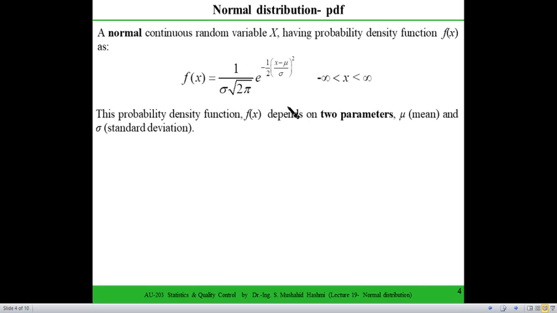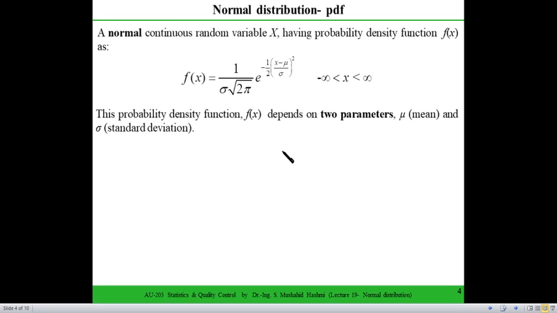If you are looking at this equation, here 2 and pi are constants, and x is a random variable where you are dealing with two parameters. Mu represents the expected value of the distribution, and sigma is its standard deviation, which is the square root of the variance.